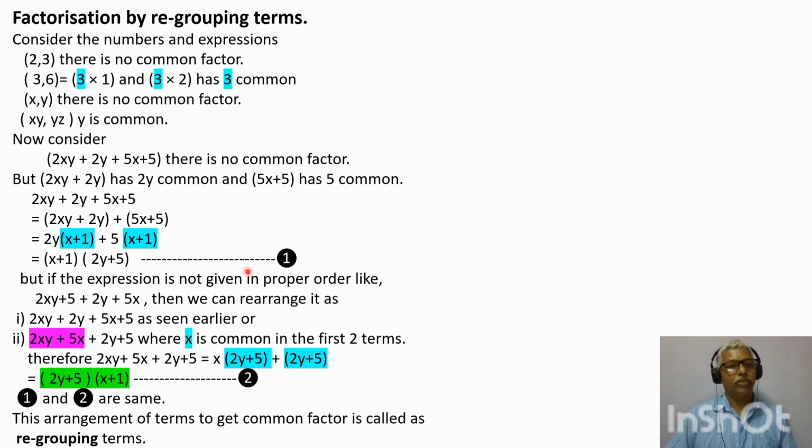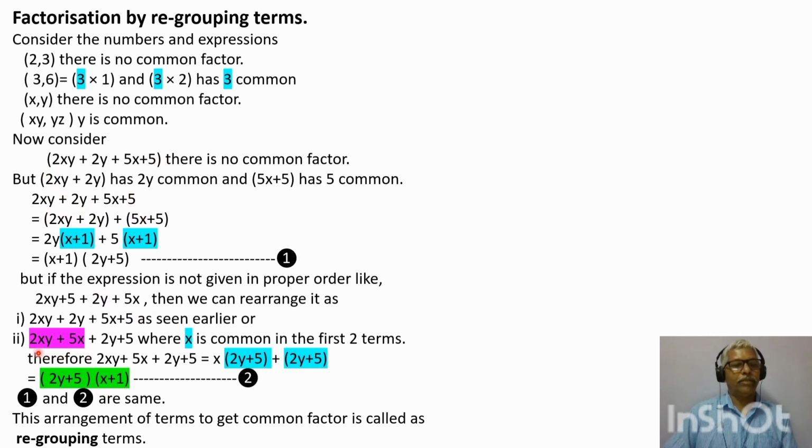This is one way. But if the expression is not given in proper order, you have to make it in proper order. If the expression is given like this, 2xy plus 5 plus 2y plus 5x, then we can rearrange it as 2xy plus 2y plus 5x plus 5, as we have done here.